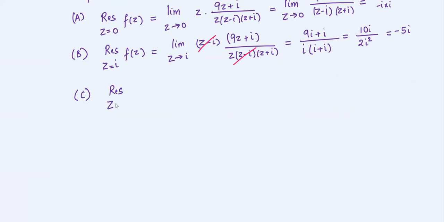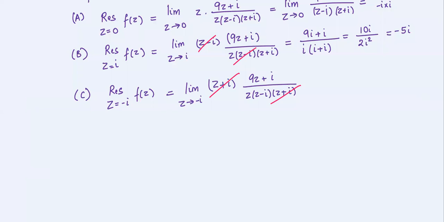Next, the residue at z equal to minus i is the limit as z tends to minus i of (z plus i) times the function, so this term cancels. Now this is equal to (minus 9i plus i) by minus i into (minus i minus i).